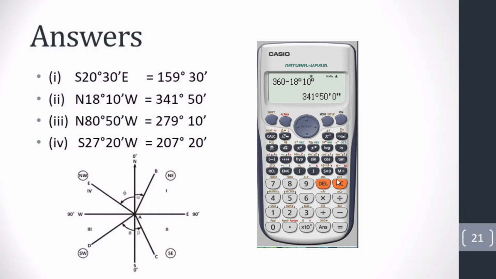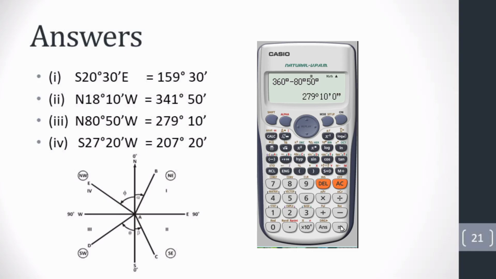Then on our third question, that is still on the fourth quadrant. So again 360 minus 80 degrees 50 minutes, and you get your answer as 279 degrees 10 minutes.